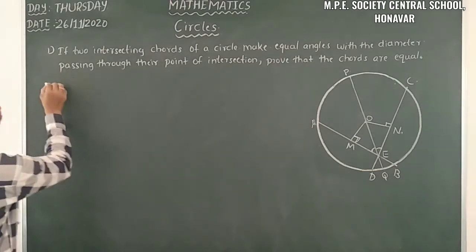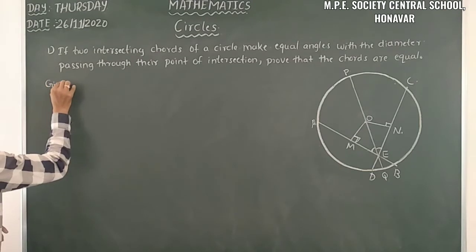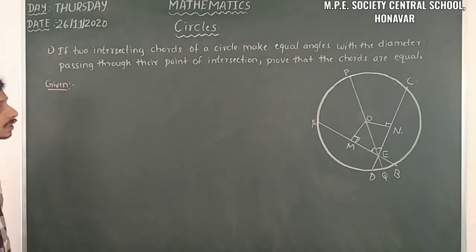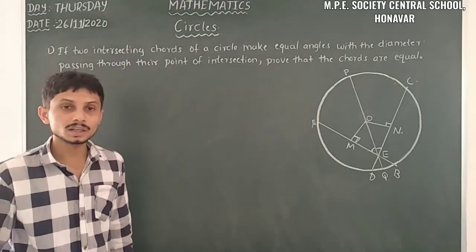Firstly we have to write the given things. What are the given things here?